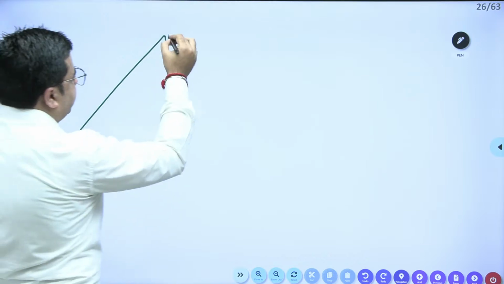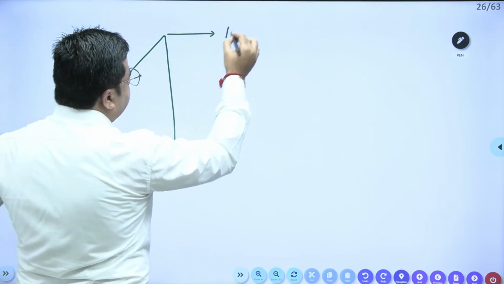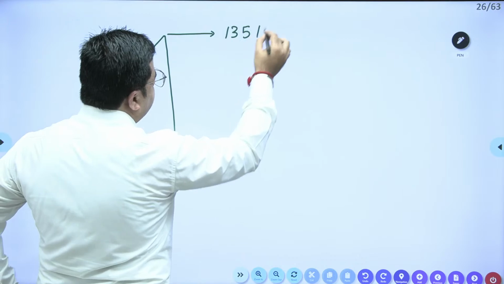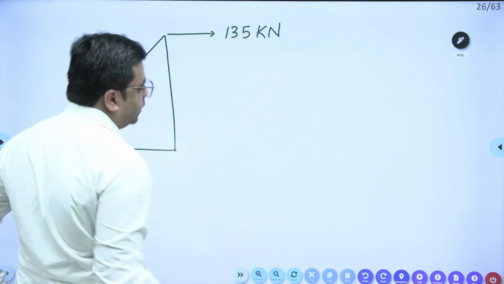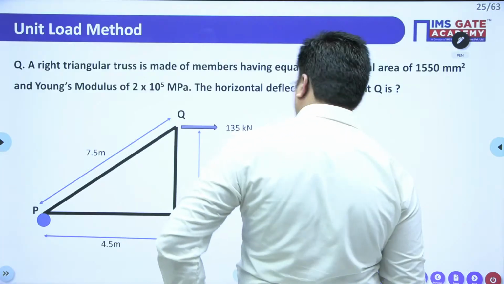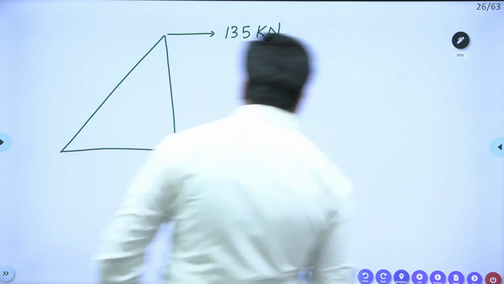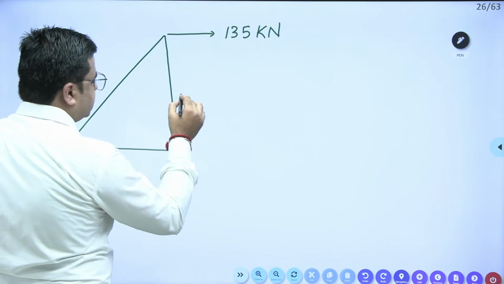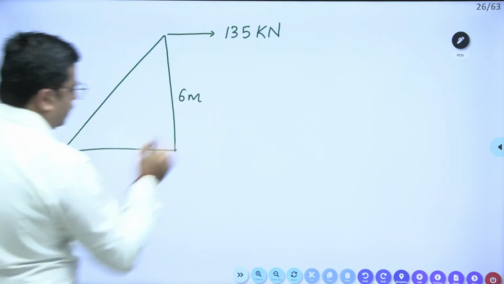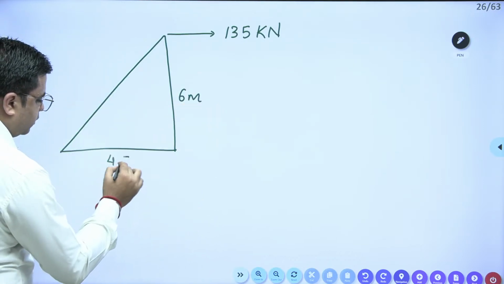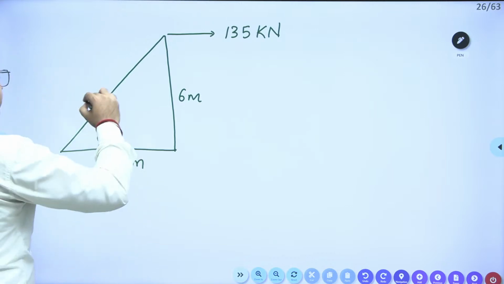Here we have a load of 135 kilonewton. The dimensions are 6 meter, 4.5 meter and 7.5 meter.